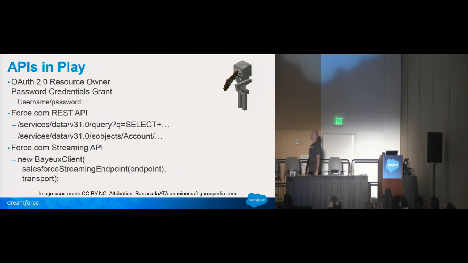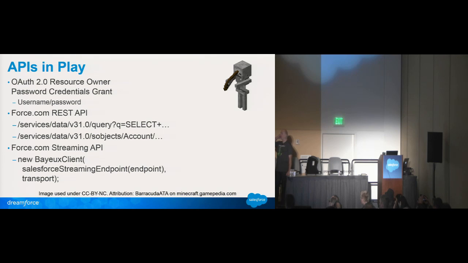This is what open source is about. So, reviewing the APIs in play there: there's a name that only its creator could love, the OAuth 2 Resource Owner Password Credentials Grant, that we colloquially call username password.